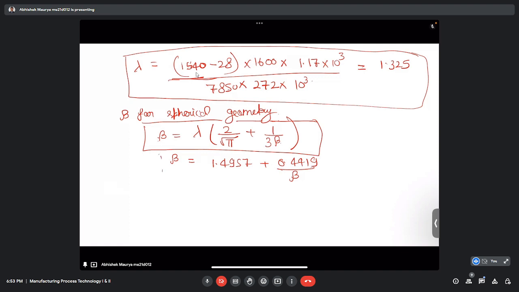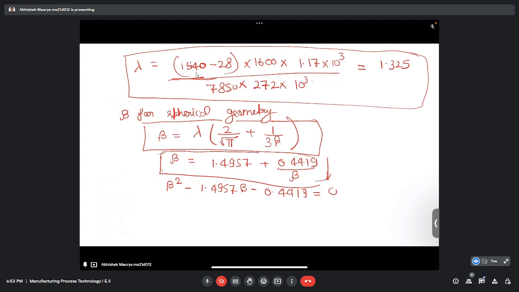What we can see is that it is nothing but a quadratic equation. If we simplify it, we get beta square minus 1.4957 times beta minus 0.4419 equals 0.